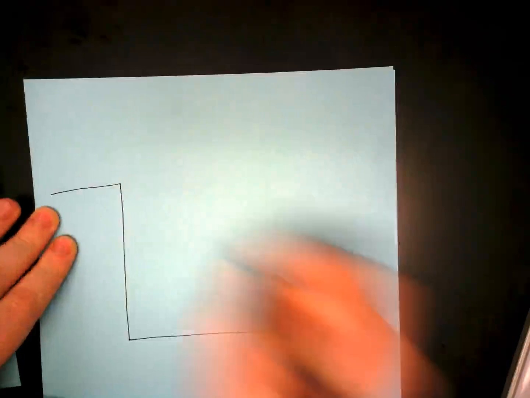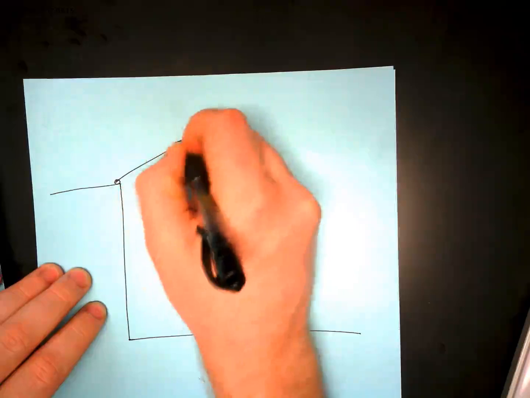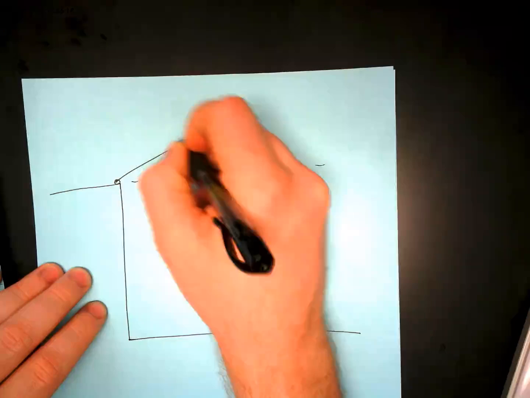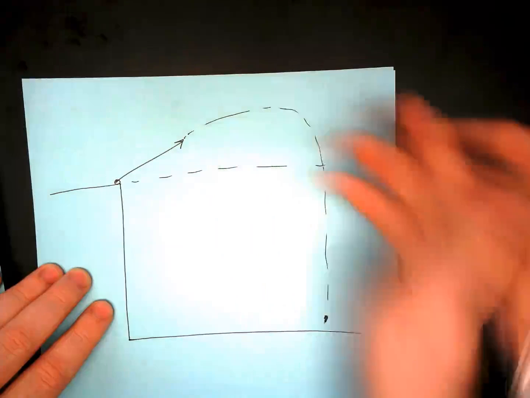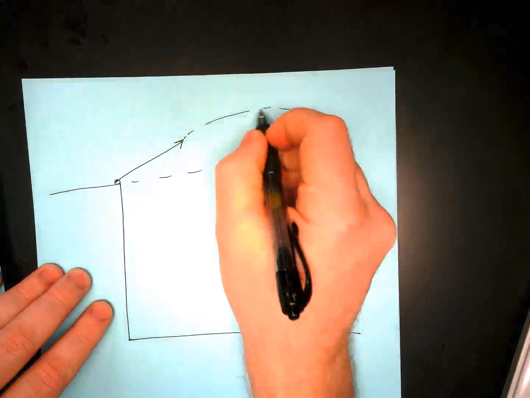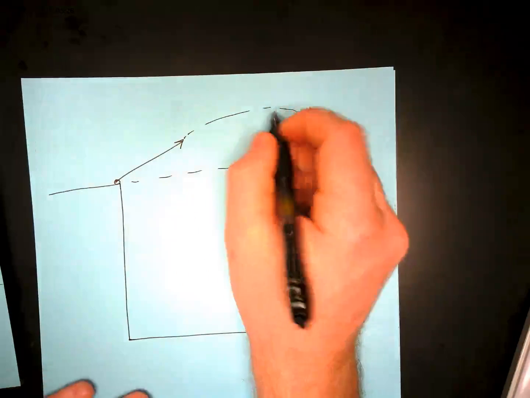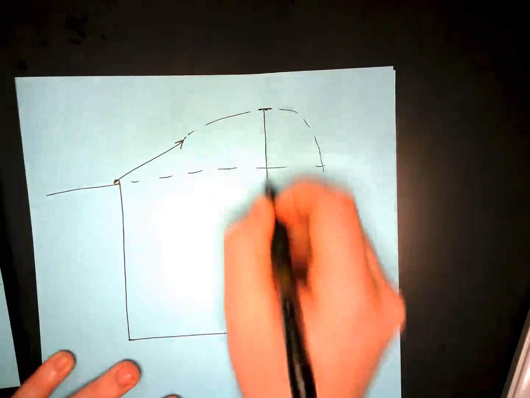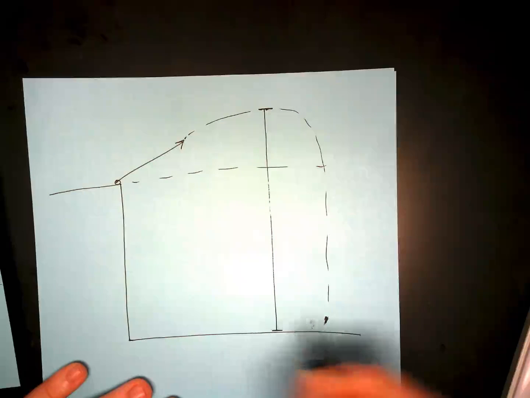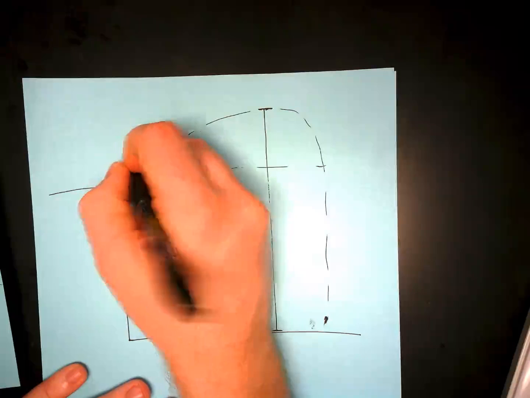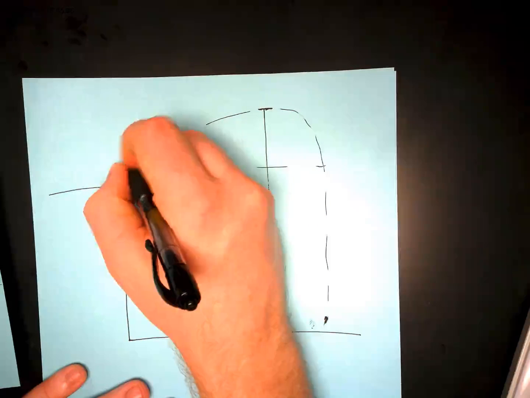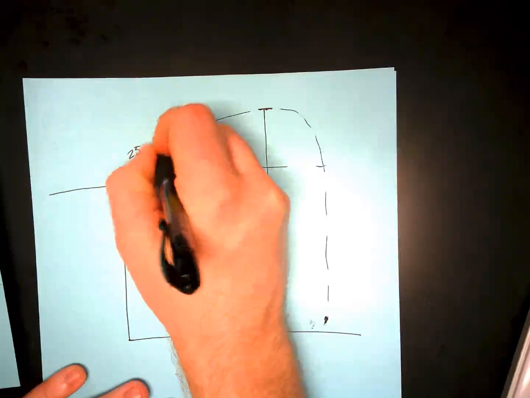So real quick, just to draw a bigger picture of what happened here. The golf ball goes up, and it's going to go about like this. I know that's not the best drawing for this. Because we found this is 48, we know this is 50, and we know this is 25 meters per second.